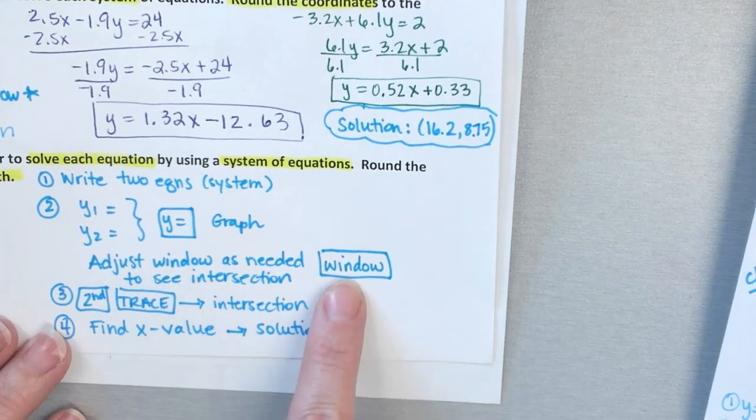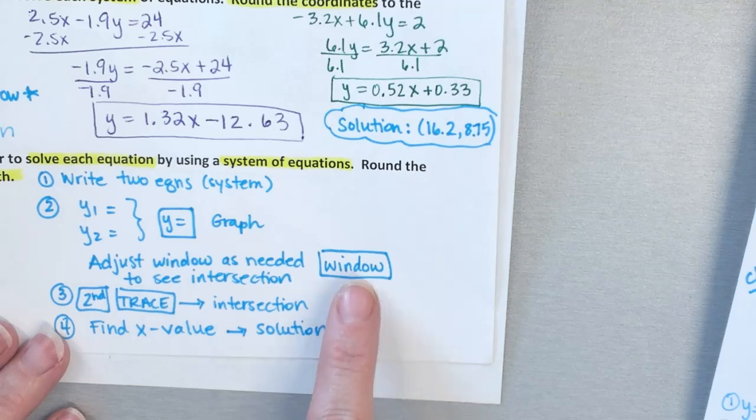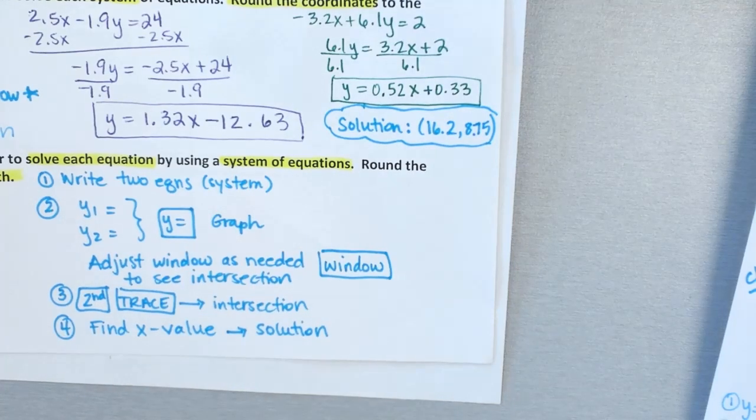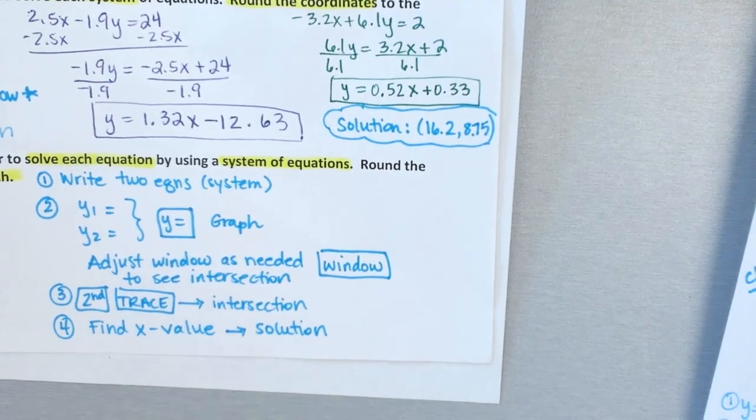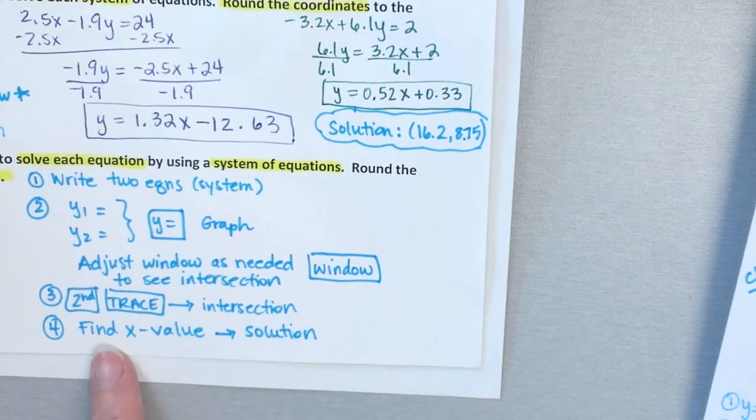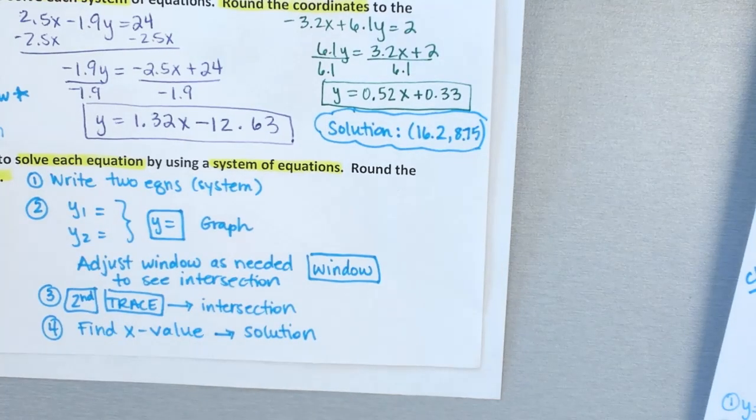You have to adjust it to see your intersection, and that's using the window. You're going to still use the second trace and then intersection, but now you are not going to be finding a point because you're not solving a system, you're solving the equation. So your answer is only going to be your x value.